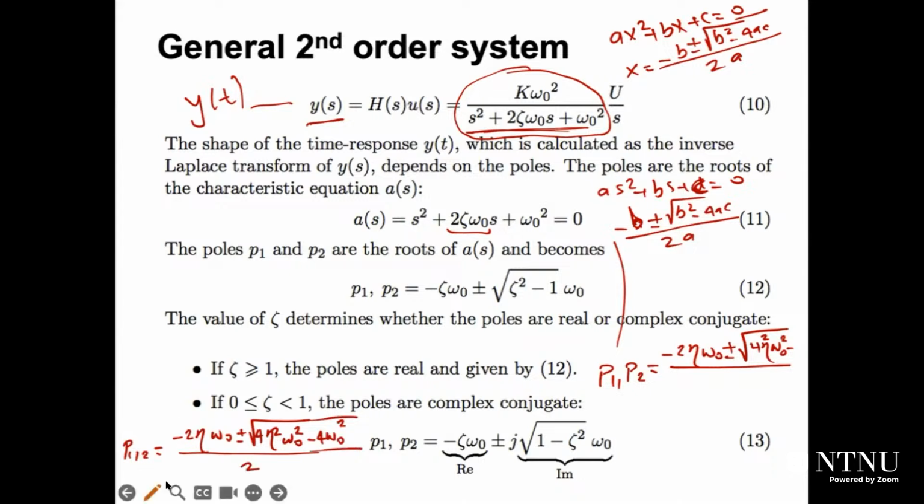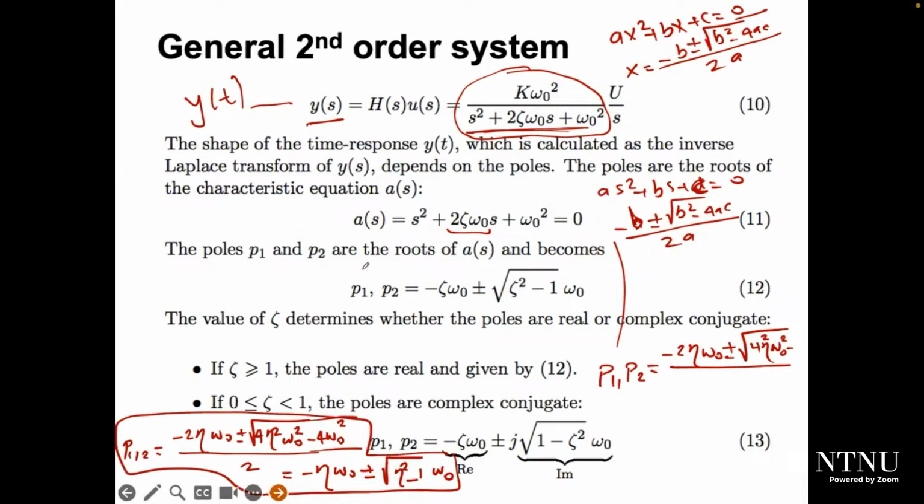So just divide by 2, so it will be minus zeta omega naught plus minus. We take 4 out from inside the root, giving 2 outside, so they cancel each other. And omega naught squared we take out. So it will be the square root of zeta squared minus 1, multiplied by omega naught. So it will be that part, right?